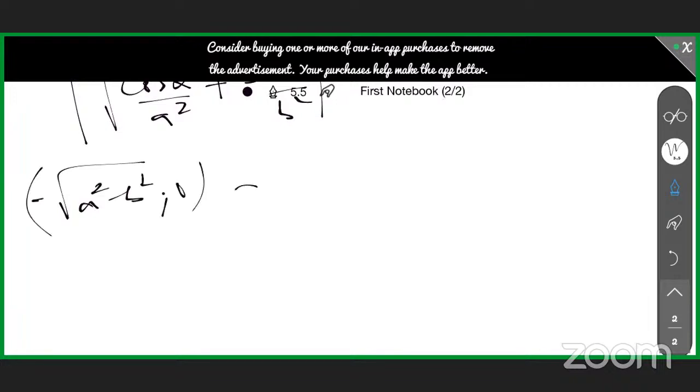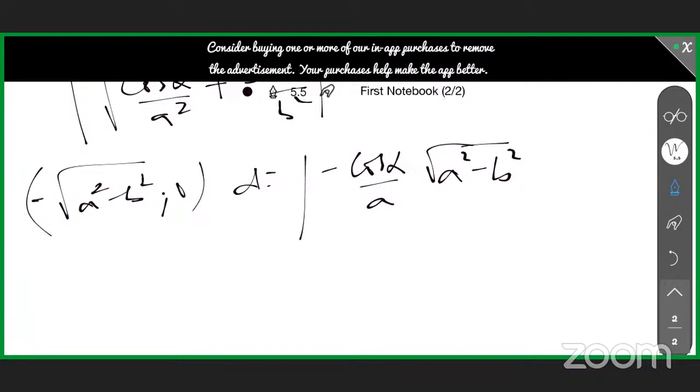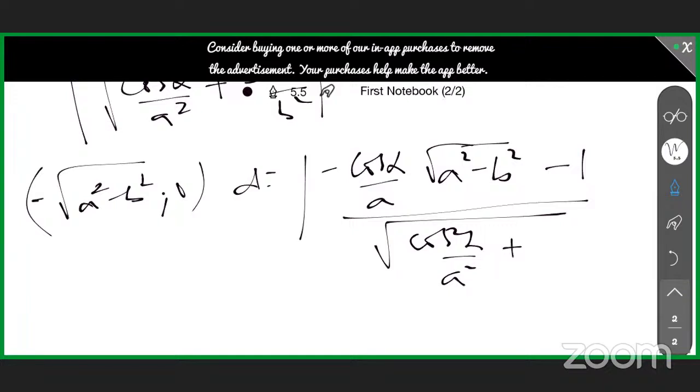For this one, my perpendicular distance will be minus cos alpha by a into root of a square minus b square minus 1, whole divided by again root of cos square alpha by a square plus sin square alpha by b square. So I got the two perpendiculars. Now they are asking to find the product of the two perpendiculars.